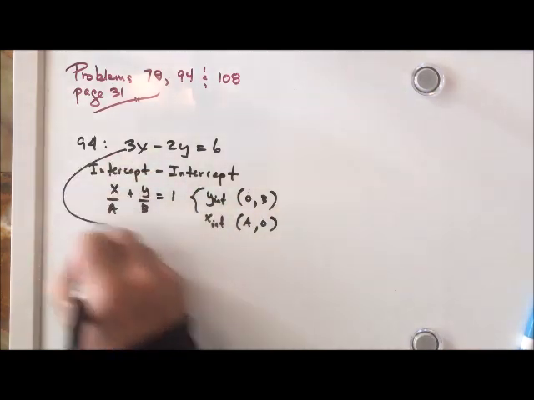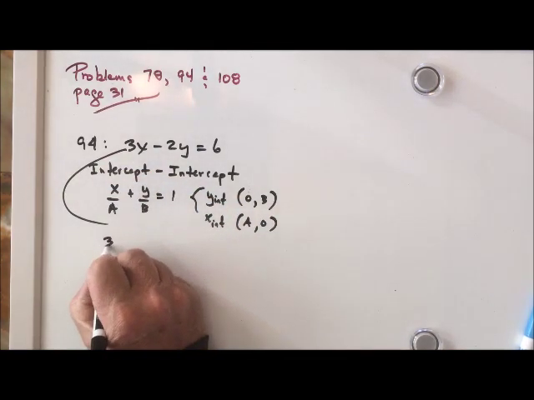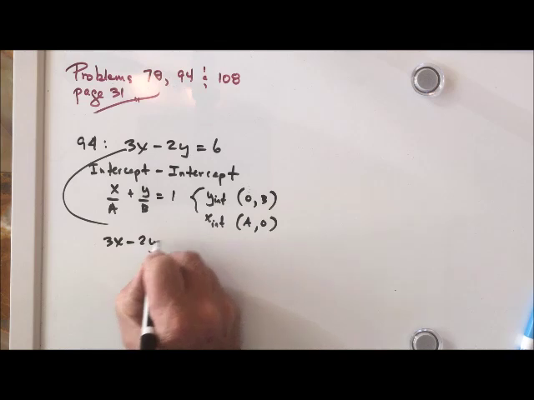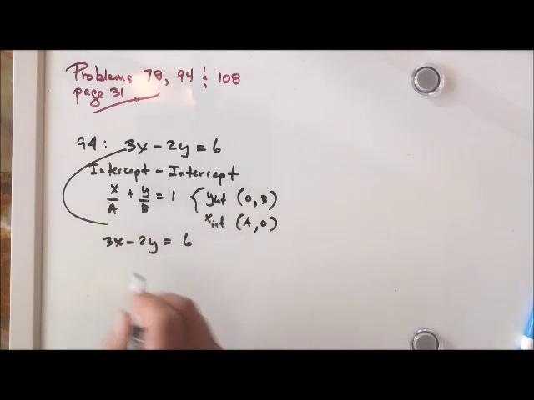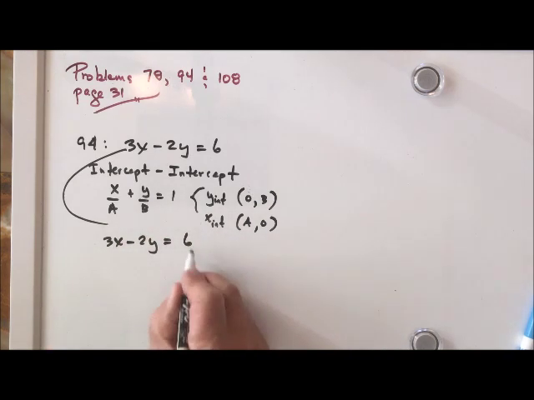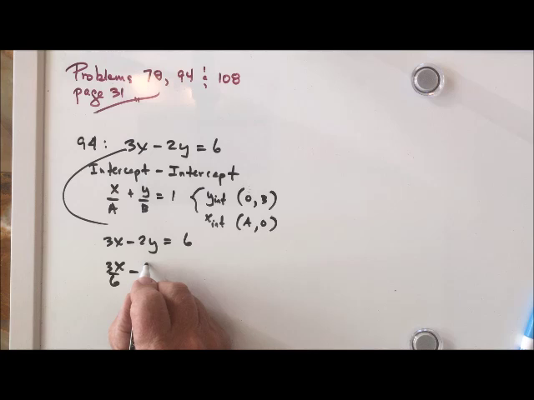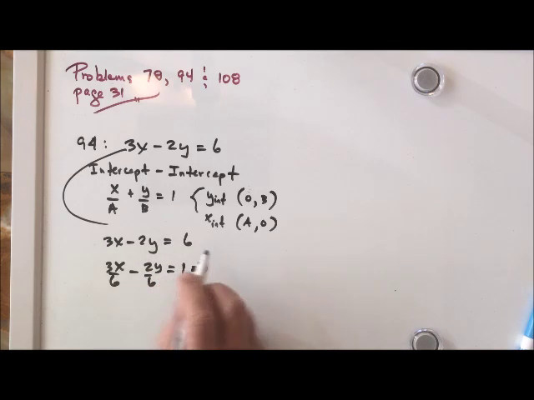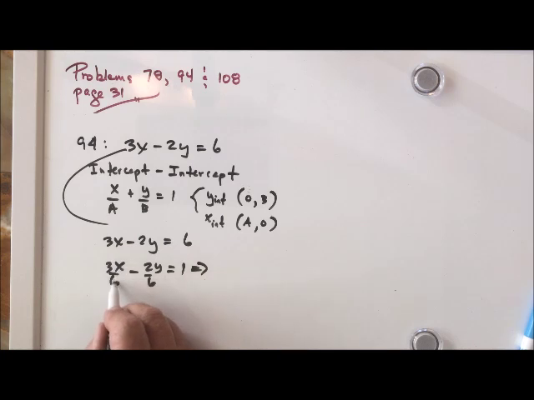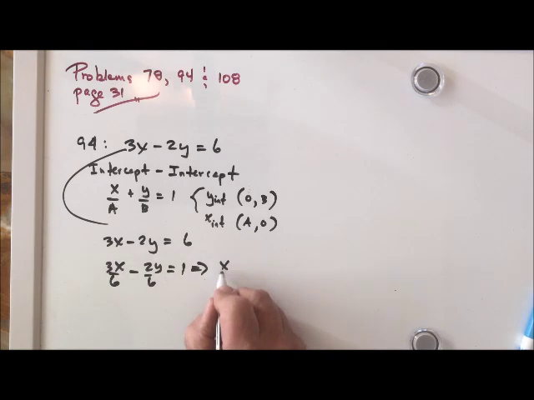And it's left to us then to take this equation, 3x minus 2y equals 6, and transform it into the intercept form. You do that by dividing through by 6. I'll do this in 2 steps. And from there, I'm just going to clean up: 3x over 6 is the same thing as x over 2.